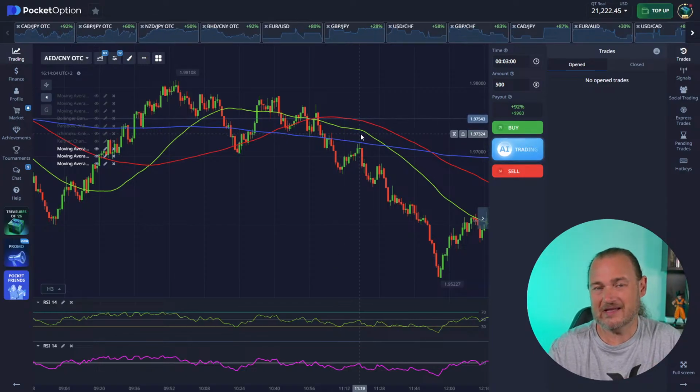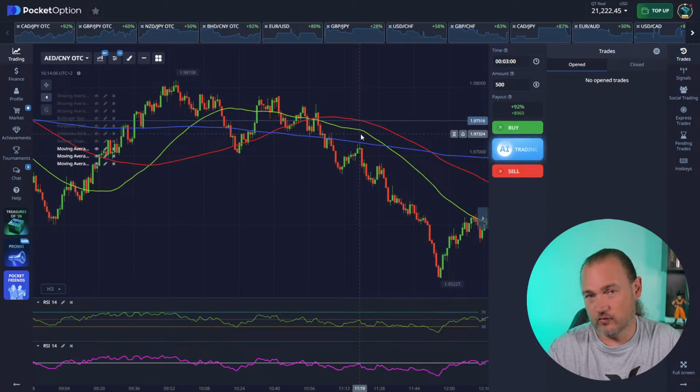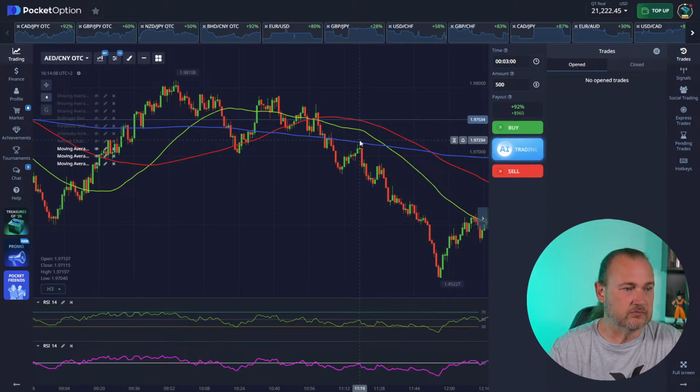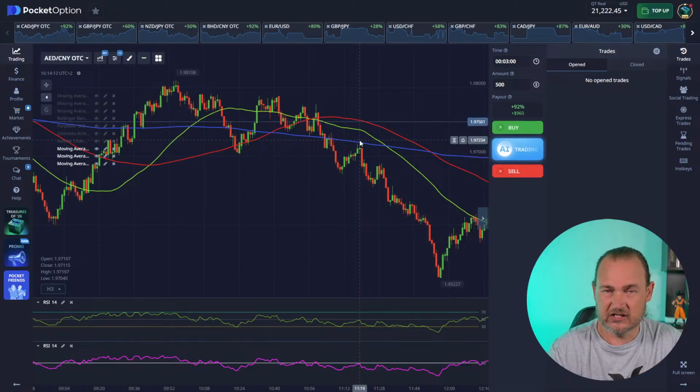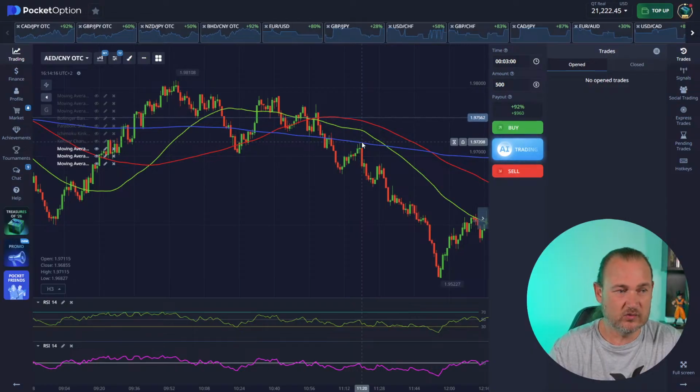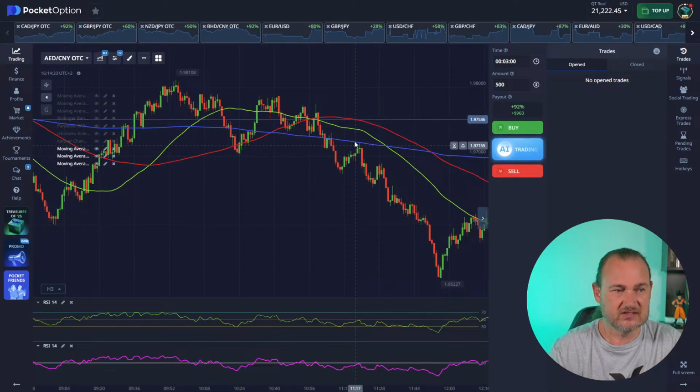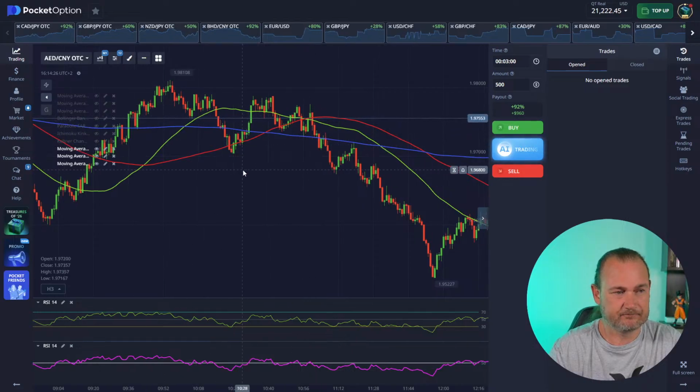It does not matter whether it's falling or climbing. It's irrelevant for what we're doing here. We are only interested in the actual level at that moment in time, because this will be a dynamic support and resistance area.